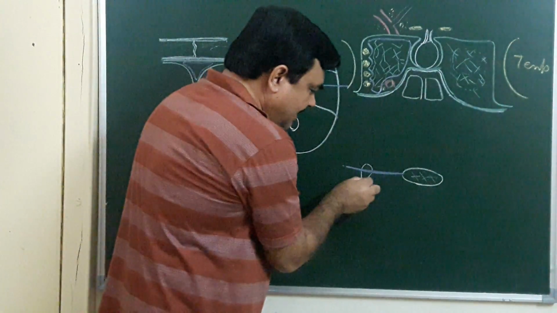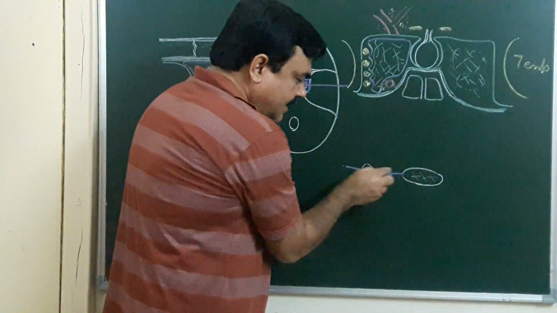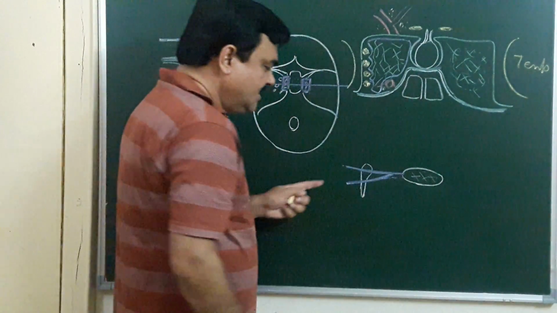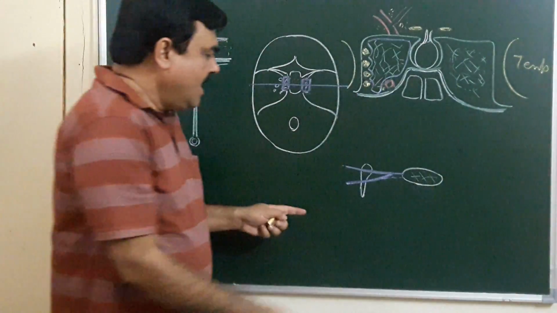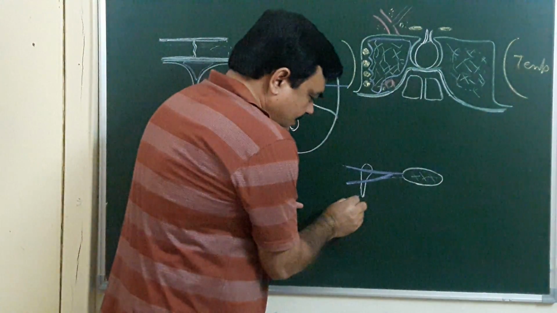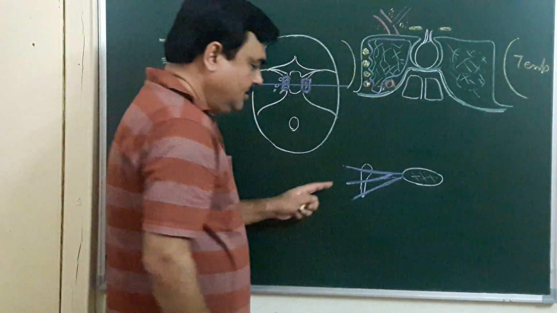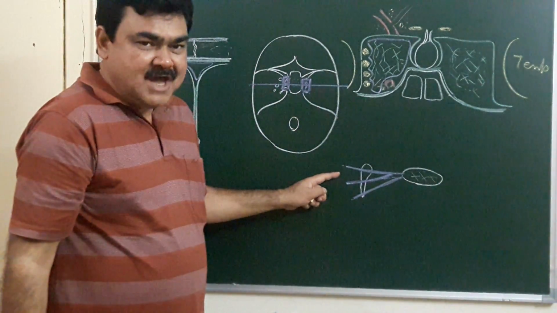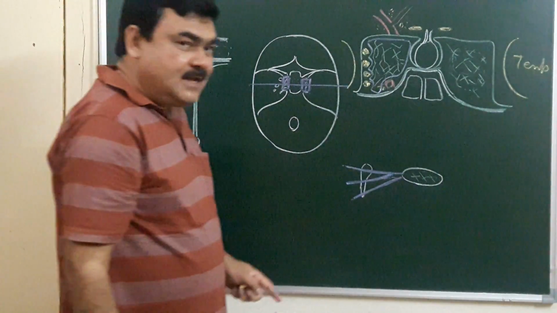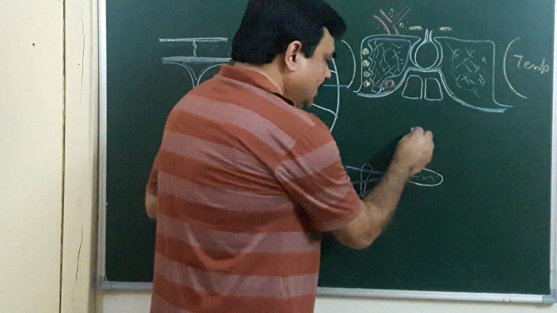The central vein of the retina opens either into the superior ophthalmic vein or directly into the cavernous sinus, along with some tributaries of the inferior ophthalmic vein. So these are the incoming channels from the orbit.